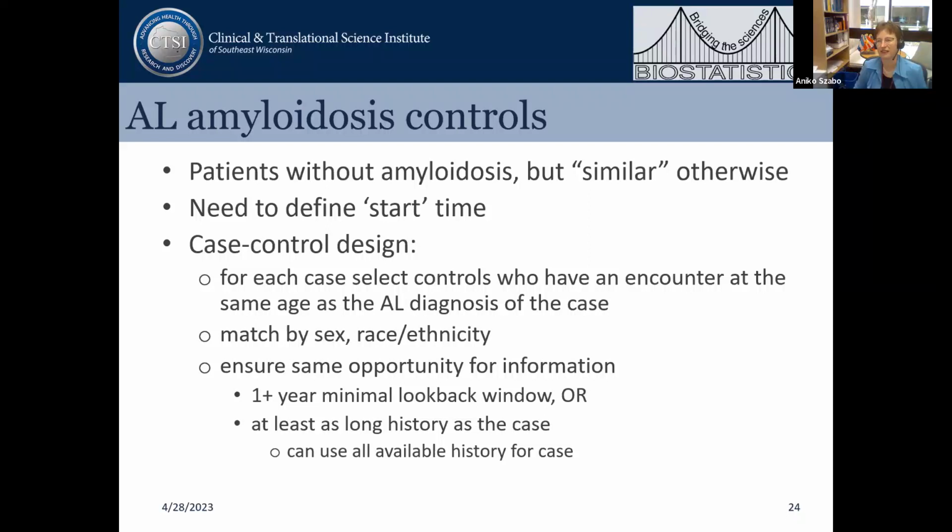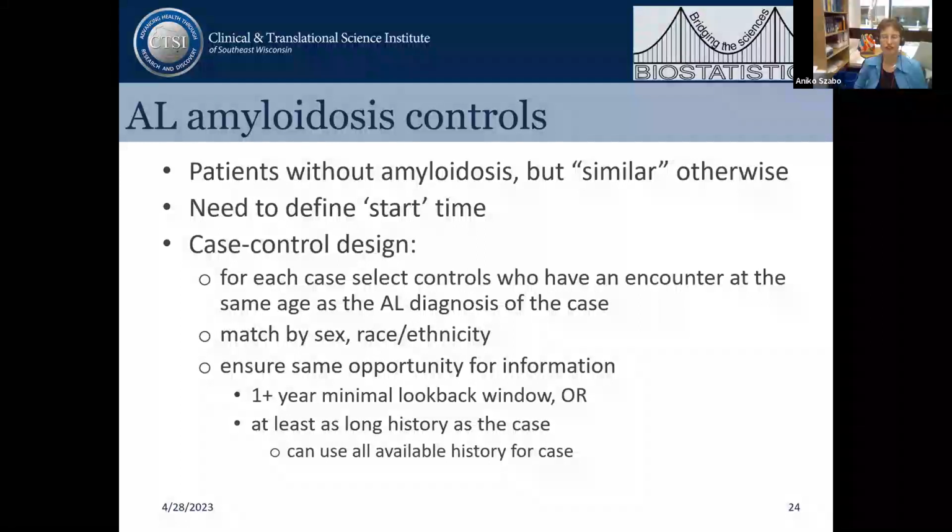The way it could work in this case is that for each case of a patient with AL, you select controls who have an encounter at the same age as the AL diagnosis of the case.